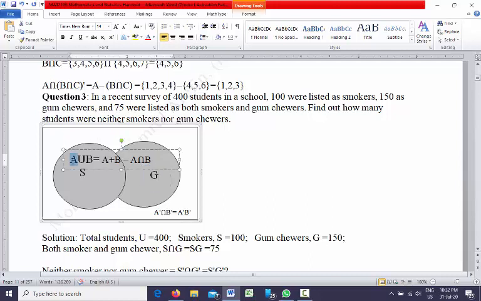Obviously the full shaded area is S union G, and the formula for this should be S plus G minus S intersection G.